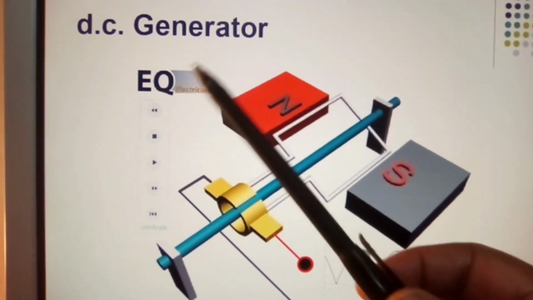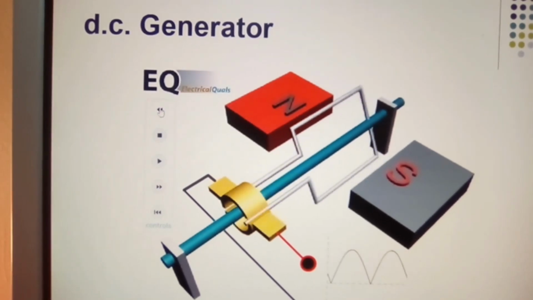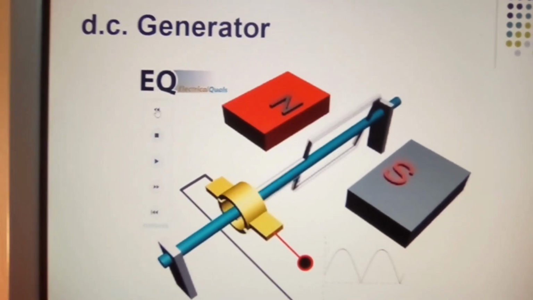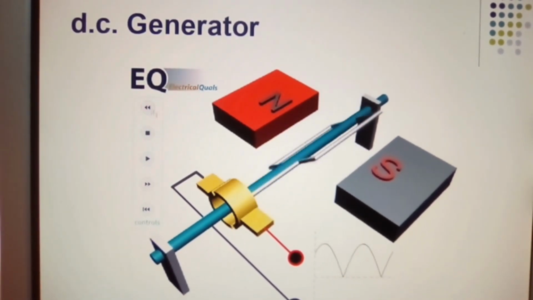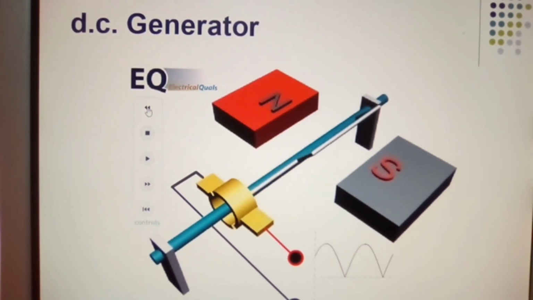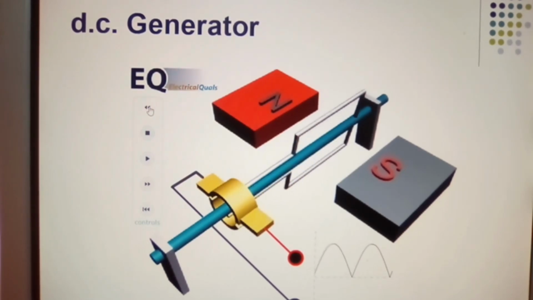DC generator. Now let me see if this gives me any kind of controls on here. Let me just play with this for a moment. Just bear with me. I have no idea what it's going to do. Controls, what does that do? That holds it. Let me see if I can. I'm going back.